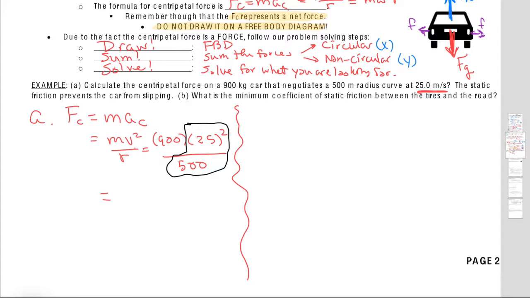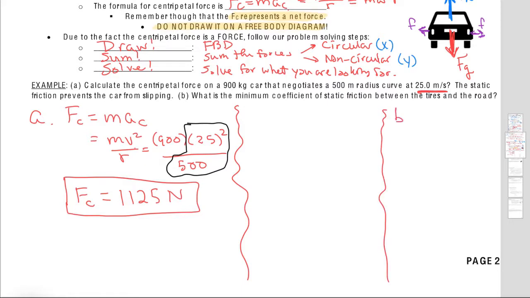So you're going to find that you get 900 times 25 squared divided by 500. Okay, it would help if I hit the division symbol. And you're going to get that it is a centripetal force of 1,125 newtons.